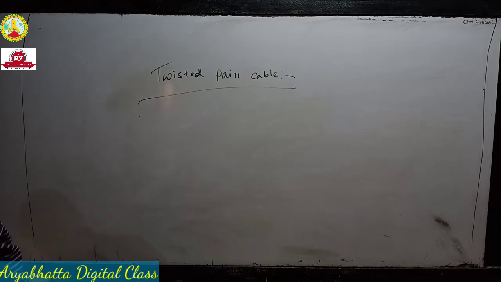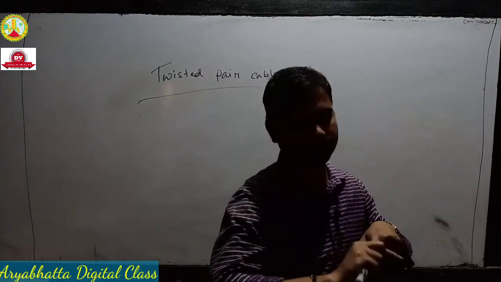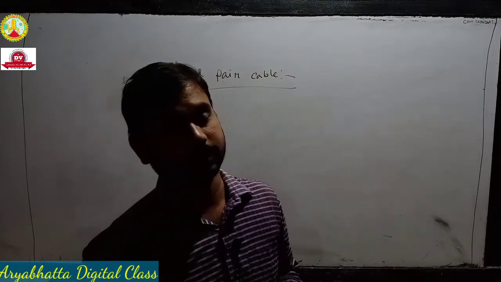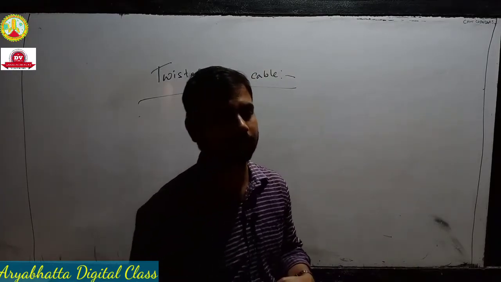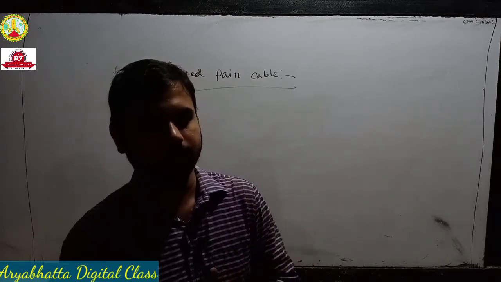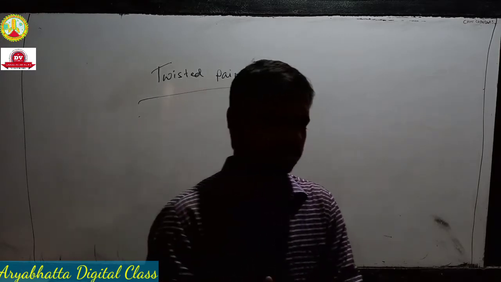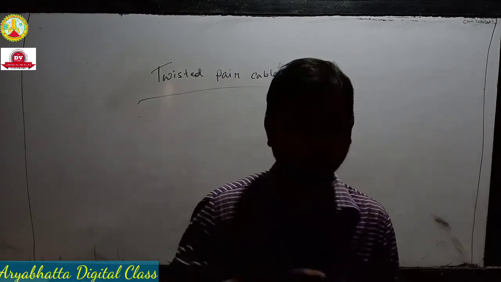Twisted pair cable is mainly our telephone line. In a telephone line you see thin cable, like the telephone wire previously. In a telephone, the cable connected with some wire, and that is twisted pair cable. It is not a very old technology actually.